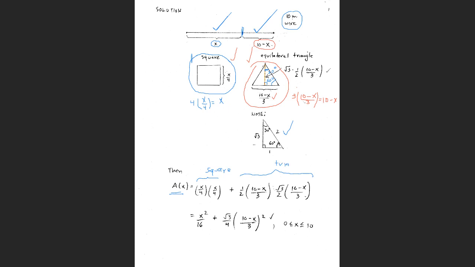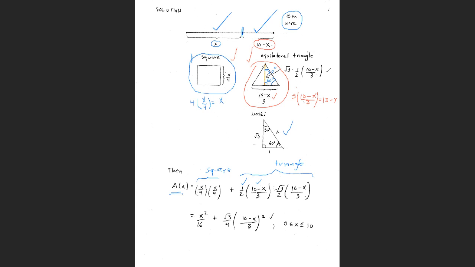Area of the triangle is 1/2 base times the height. Now, I'll just comment here. The half is there. The base, based on the picture, is 10 minus x over 3.